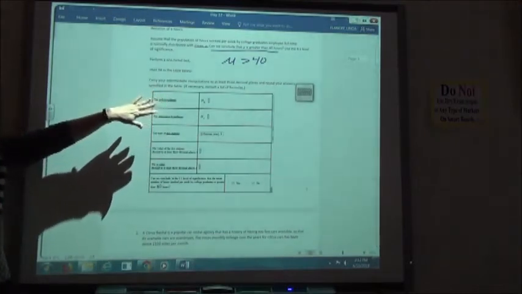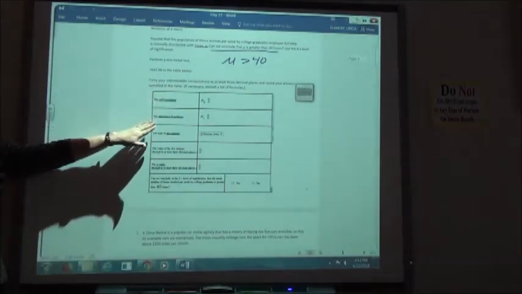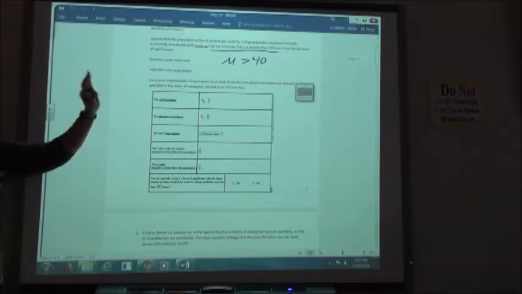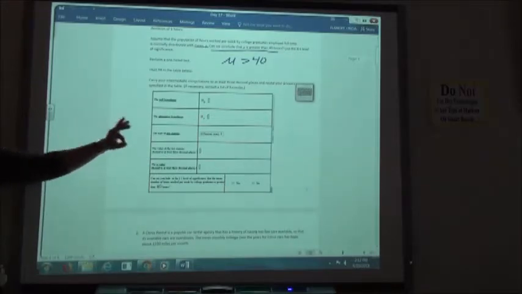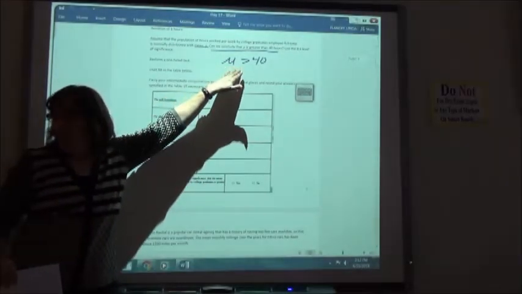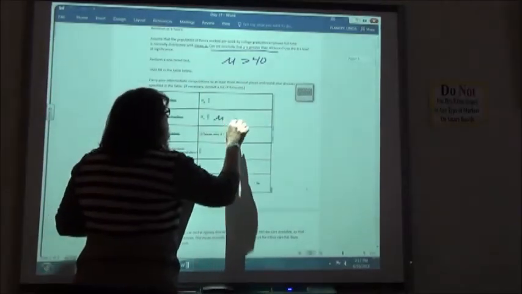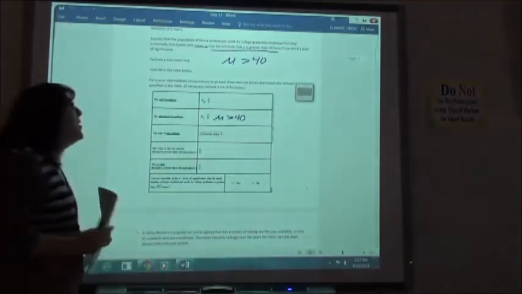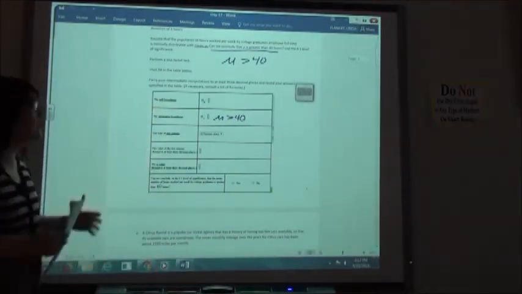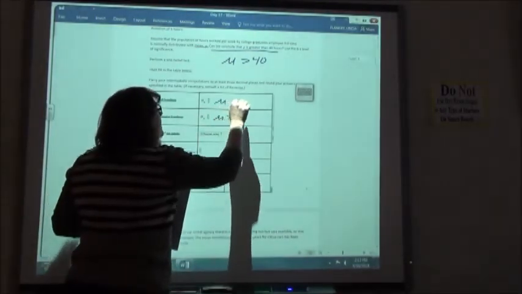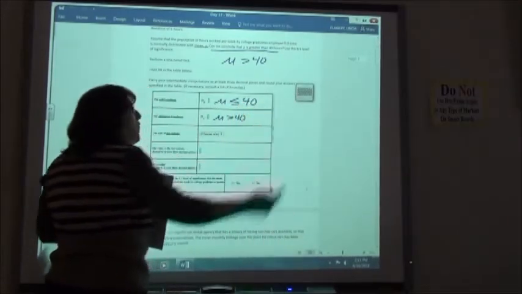Remember, we have our two hypotheses, the null hypothesis and the alternate one. The null always includes the equal sign. Since this doesn't have an equal sign in it, it's our alternate one. Our mean is greater than 40, which means the null hypothesis would be, is the mean less than or equal to 40, right?